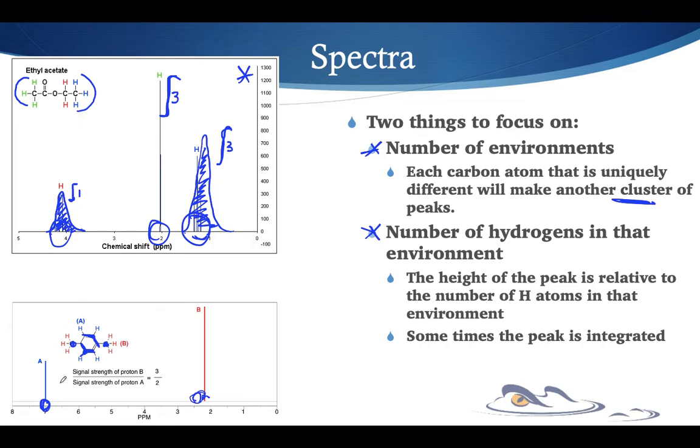All right, let's take a look at this one. This one down here on the bottom with our arene, this one is integrated. And this one is not integrated.